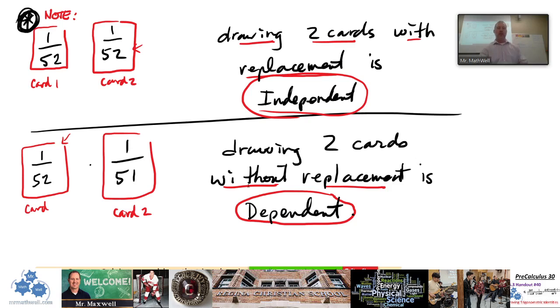You're pulling 1 out of 51 now, see? Or think about this. I have 52 chances to pick a card at the first pick, and then because I didn't replace it, I now only have 51. So this is dependent, okay? And you're gonna have some questions sort of like that.